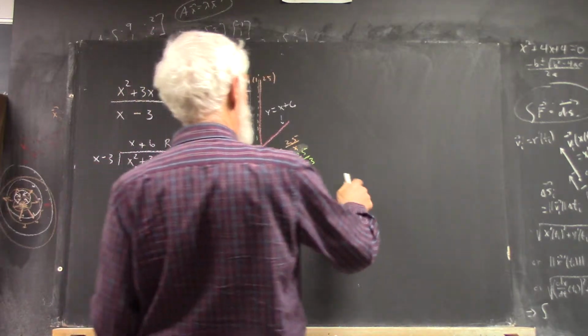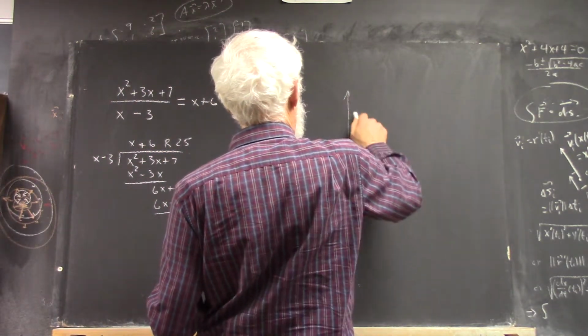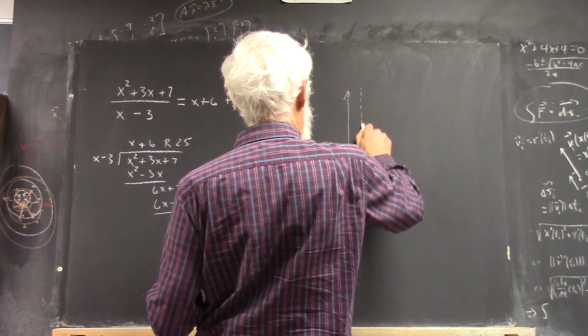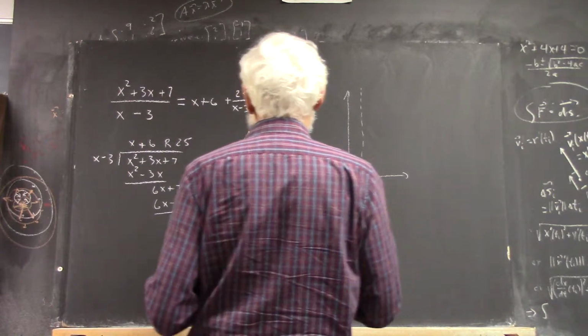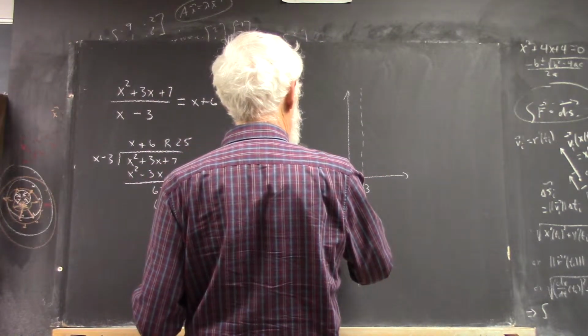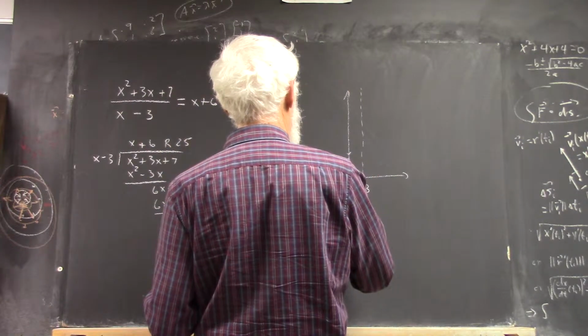So I'll come over here and say, okay, here's x equals 3. And here's -6, and here's 6.